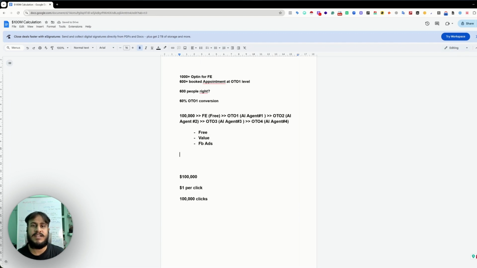Let's take a 40% conversion ratio. This is like industry average. And by the way, one of my latest pages was converting at 57%. I shared the insight in one of my inner circle groups. Anyways, I don't want to overdo it. Let's keep it at 40%.